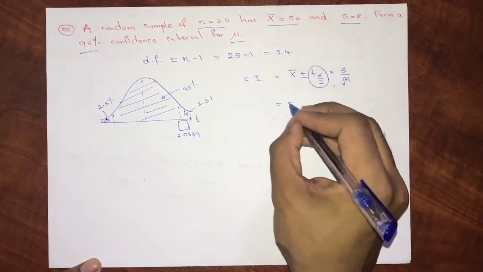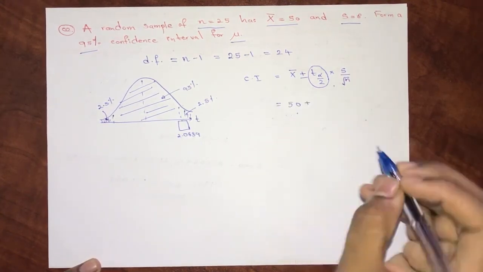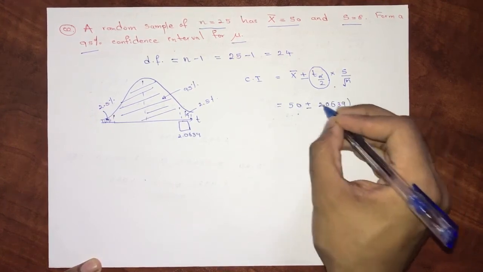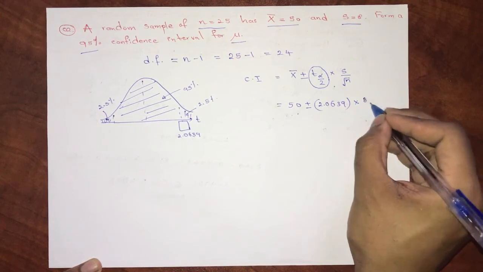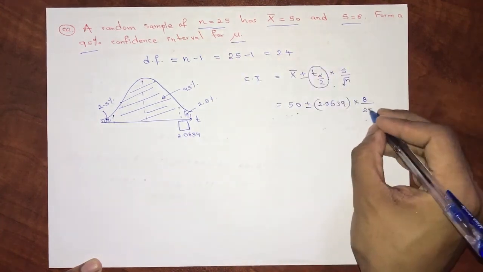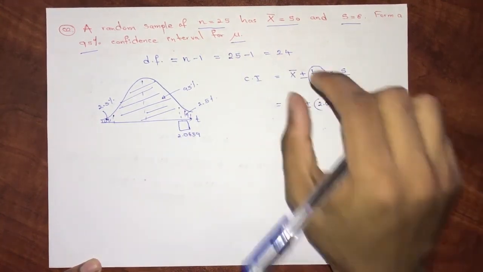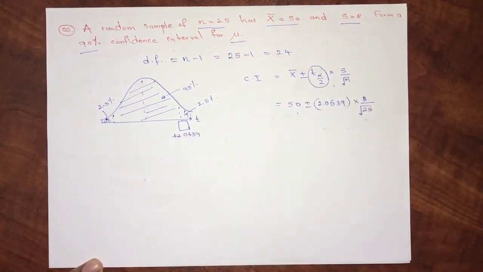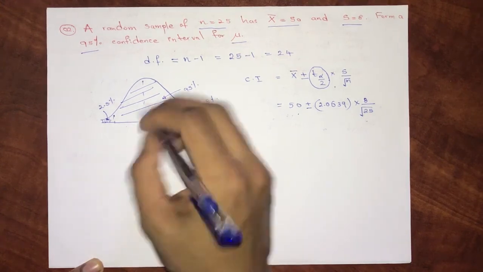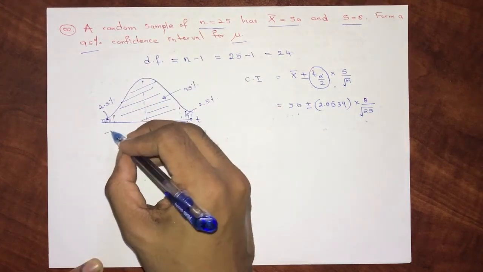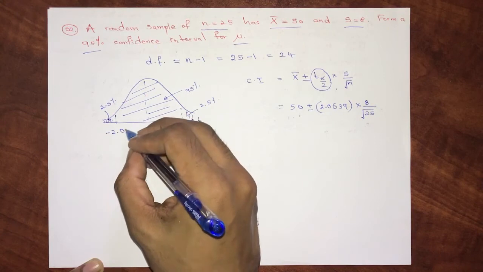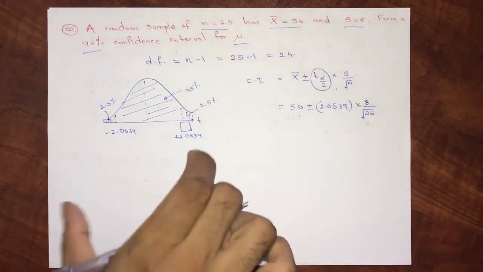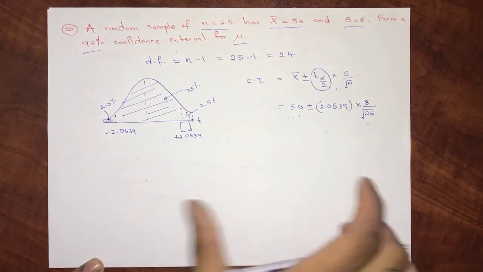So x bar is given, which is 50, right, plus or minus 2.0639 times s is given 8, sample size is 25, right? So why do we have plus or minus? Because this value over here is plus 2.0639, and since this is symmetric, over here we have minus 2.0639, right?